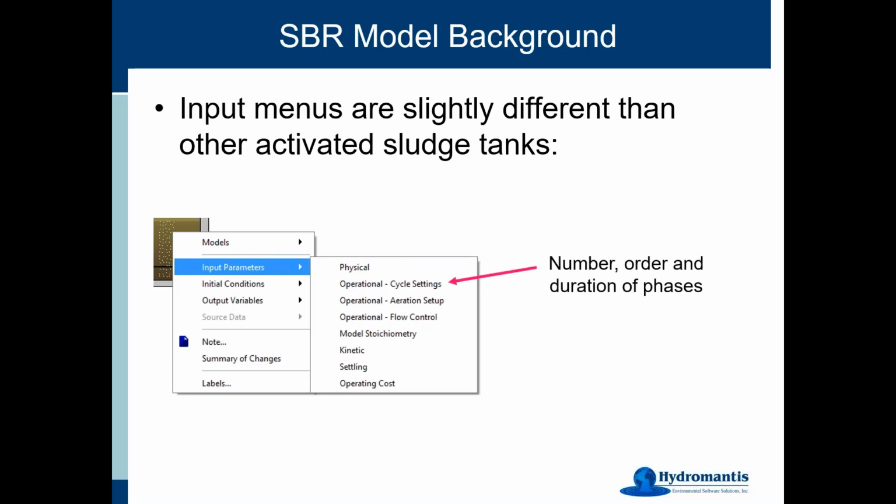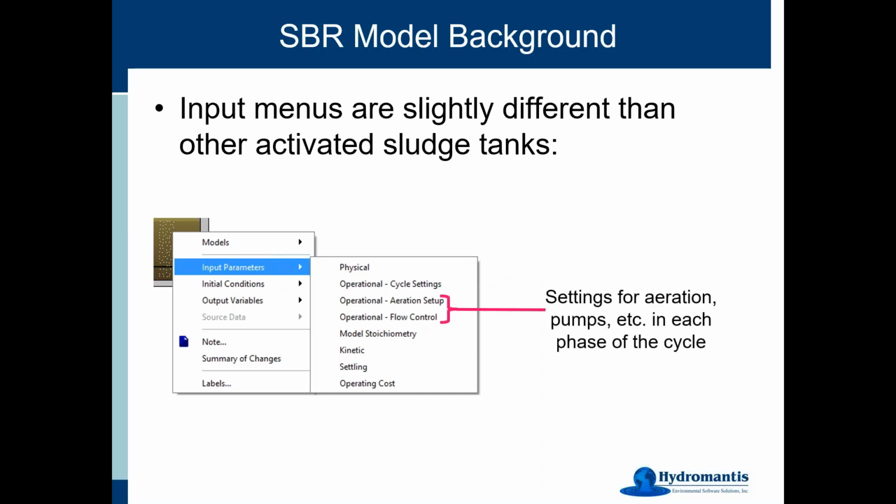Then we have one menu for setting the cycle settings. So that's the number and the order and the duration of the phases of the SBR cycle. And then we have aeration and flow control menus to do the aeration, pumping, filling, decanting, and so on. That's normally the things you would find in the operational menu. There's such a large amount of stuff going on here that we broke it into separate menus for aeration and the pumping controls.